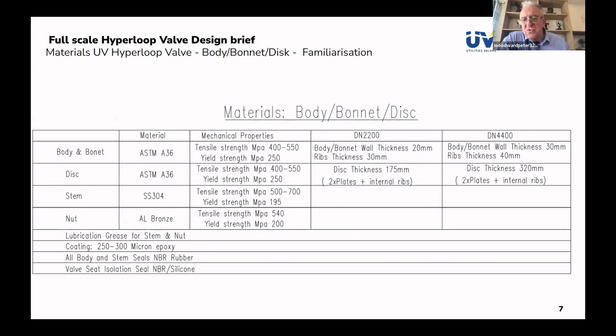We can apply different grades of material, looking to the future, but this was relevant for the demo tube at the moment. But longevity and ease of maintenance or zero maintenance is one of our goals.